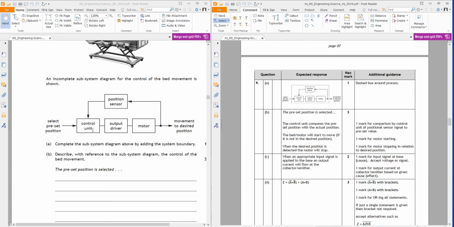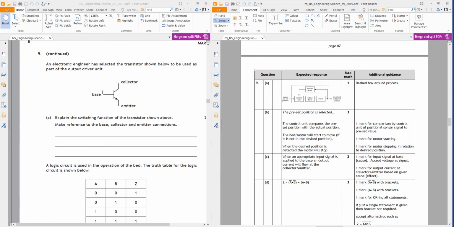It'll decide whether to switch on. Okay, so it'll switch on the output driver, which will drive the motor. The motor's position is measured by the position sensor, which is fed back to the control unit. Okay, and once the motor's reached the desired position, it'll stop. Okay, control unit compares these two, okay, and it'll decide what to do.